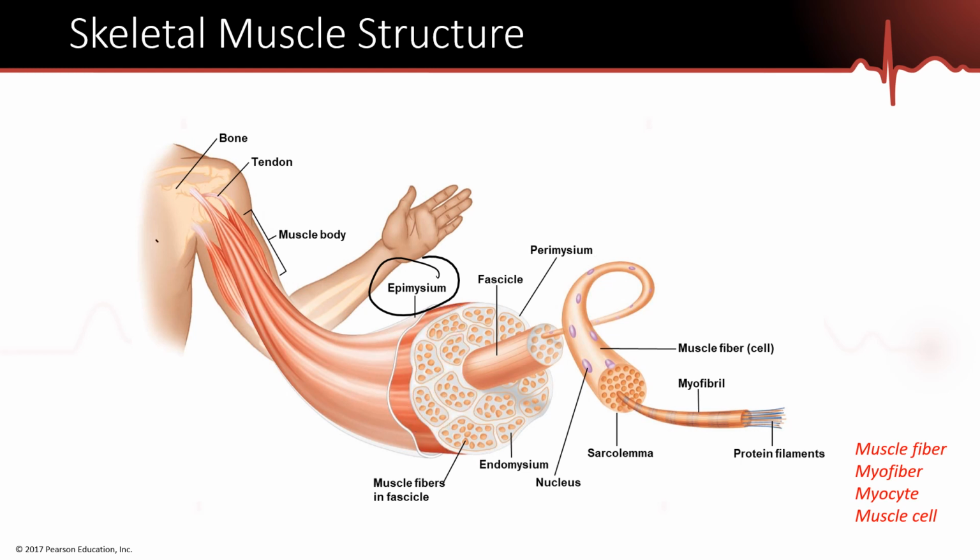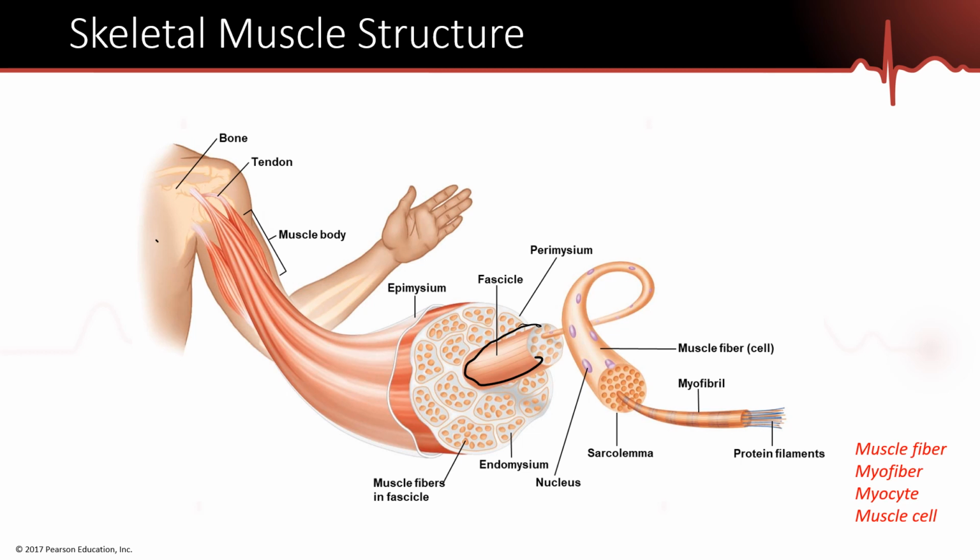This is one fascicle that is being extracted out of this biceps muscle. This is the actual fascicle itself right here. Inside of each fascicle, you find actual muscle fibers, also known as muscle cells. So fascicles are made up of muscle fibers or muscle cells.